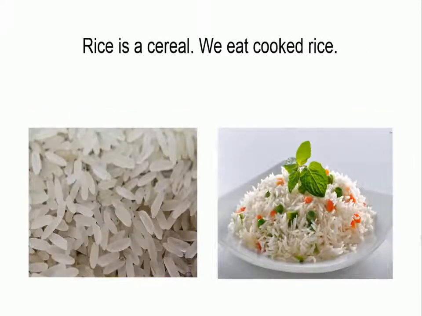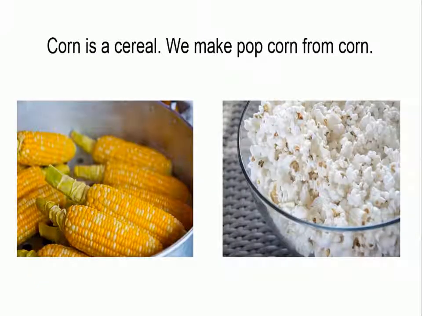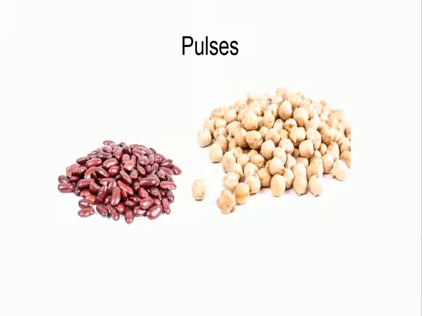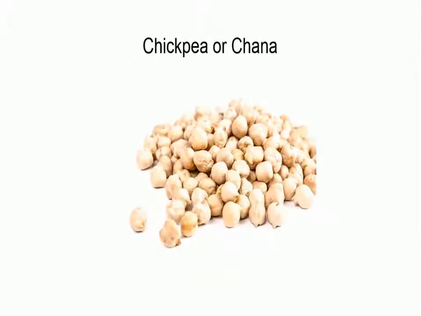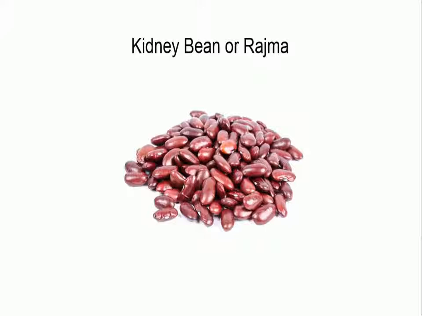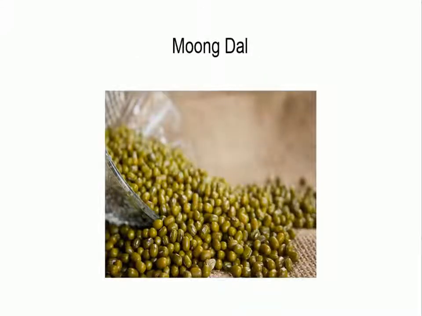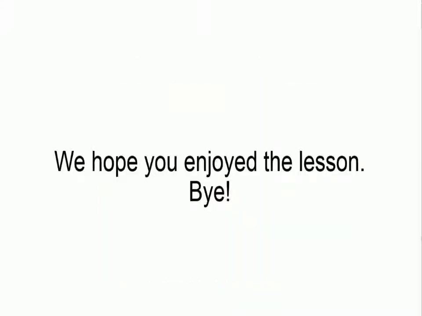We eat cooked rice. Corn is also a cereal. We make popcorn from corn. Pulses. Pulses are seeds. Some pulses are pigeon pea or tur dal, chickpea or chana, kidney bean or rajma, and moong dal. We hope you enjoyed the lesson. Bye.